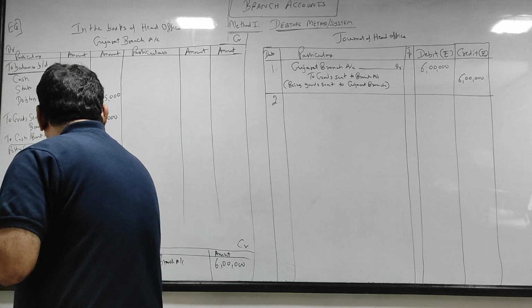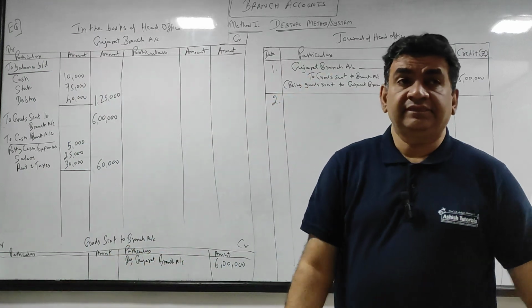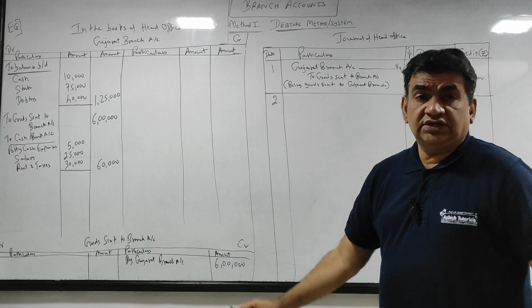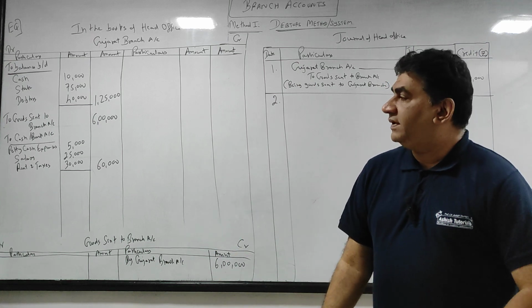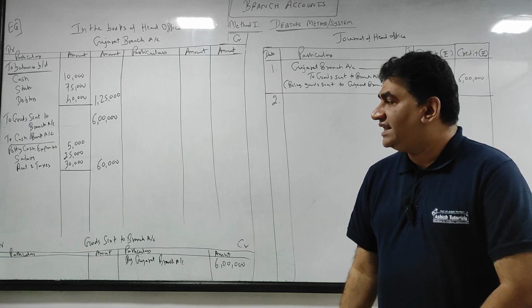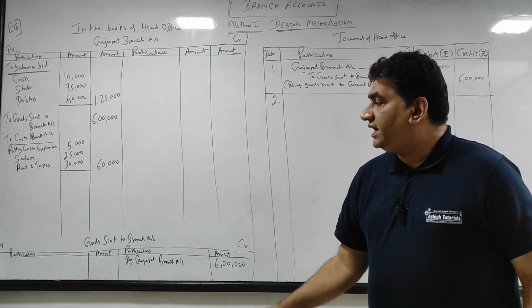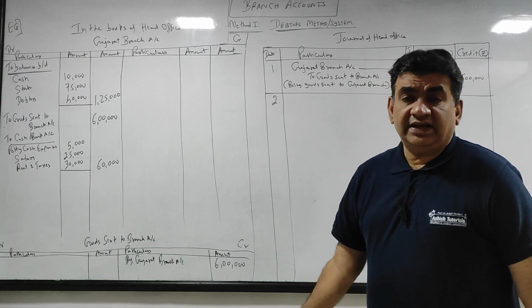So 30 plus 30, 60. Getting it? Head office has sent money to branch. So branch को debit किया to cash bank, petty cash expenses, salary and rent and taxes. So 5, 25 and 30, 60,000. Cash bank account बनाना नहीं है.